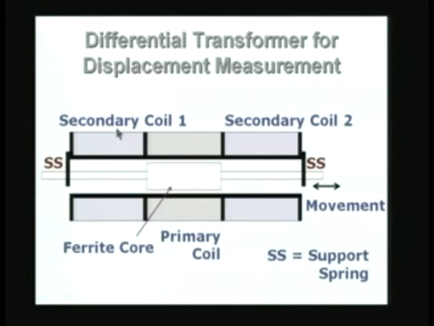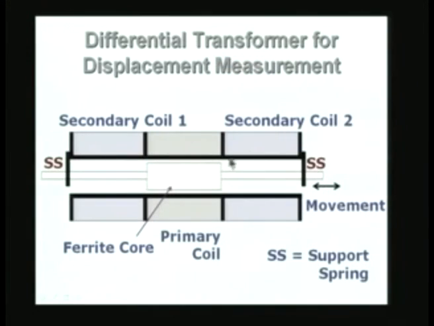Of course, if secondary coil 1 generates more voltage, it will be in one direction, and it will change direction when the other generates more. So, the variation of the voltage will depend on whether the secondary coil 2 is in more intimate contact, it is actually magnetic coupling. The magnetic coupling between the coil 1 and secondary coil 2 is determined by the position of the core.